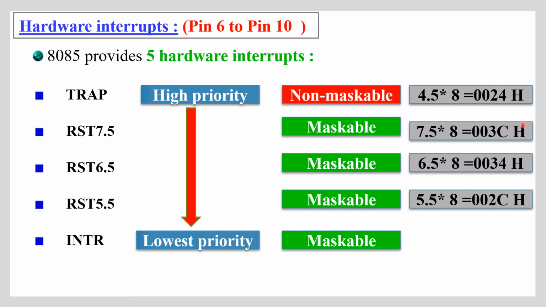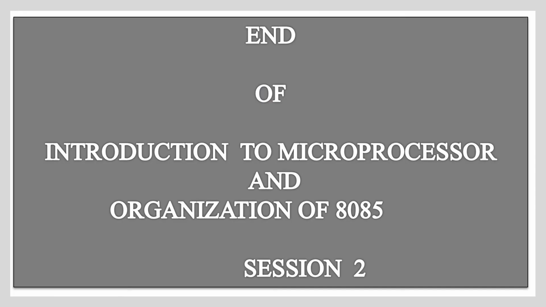Clear? So students, in today's session we have seen the pin diagram of the 8085 microprocessor. We have seen the first 20 pins, their labels and names, and we have seen the first 10 pins in detail.